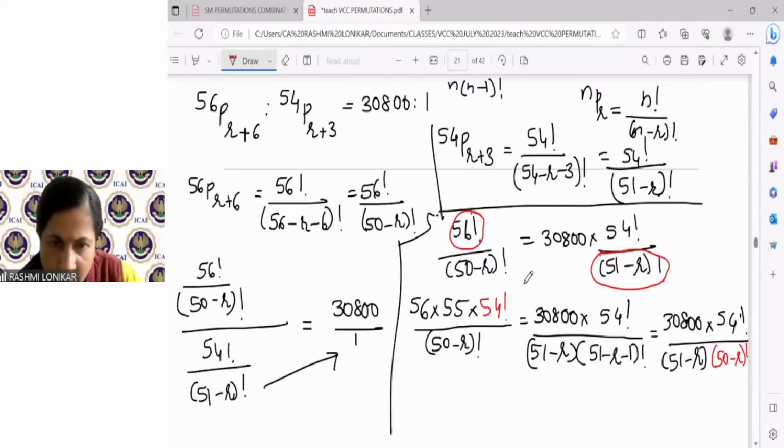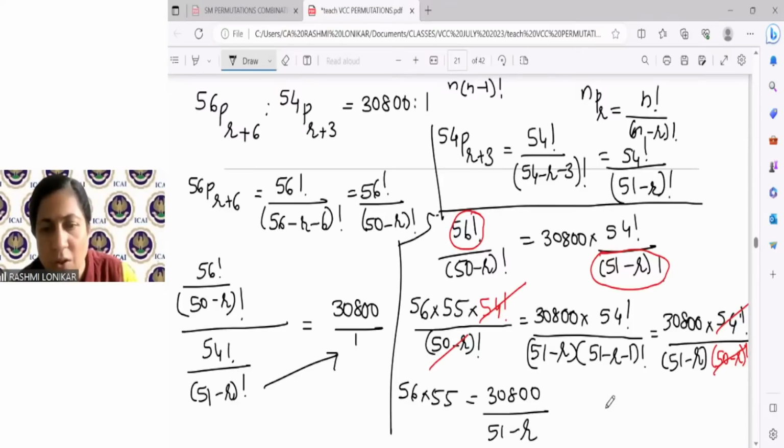This 54 factorial is going to cancel with this 54 factorial, and this (50 minus r) factorial is going to cancel with this one. So what are you left with on the LHS? Left hand side 56 into 55, and on the RHS this is 30,800 upon (51 minus r). And when I solve this, I get r is equal to 41.